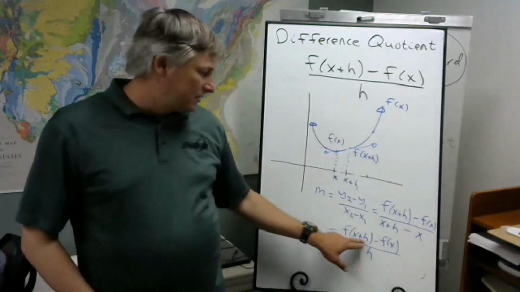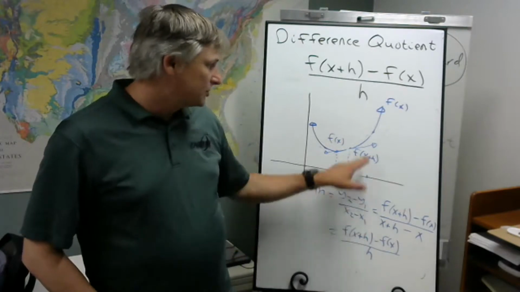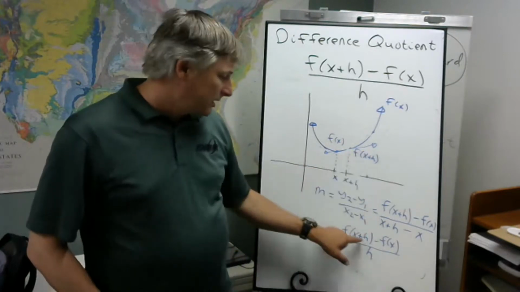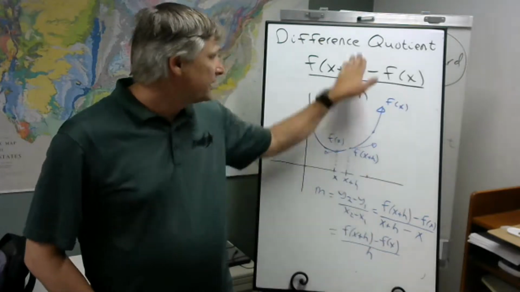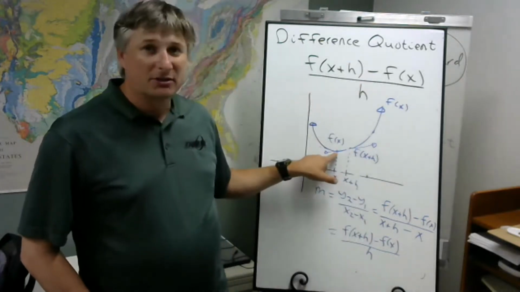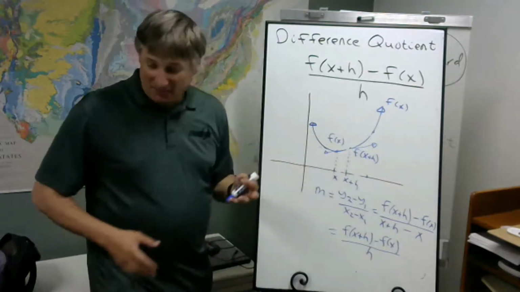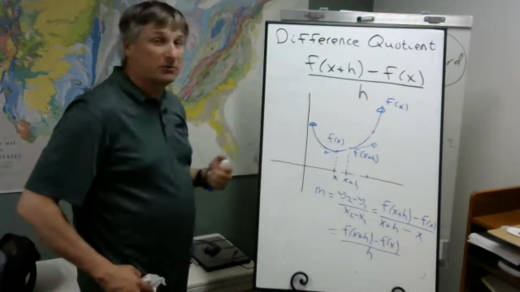That means if we take our difference quotient, which is the slope of this line, and let h go to 0, we're going to get the slope of that tangent line contacting the curve at that one point. Anyway, that's what this whole difference quotient is all about.